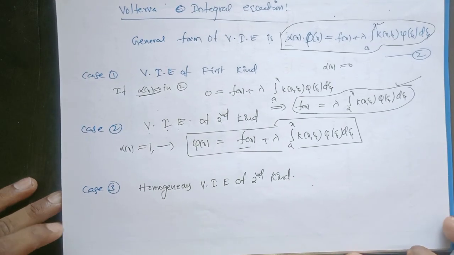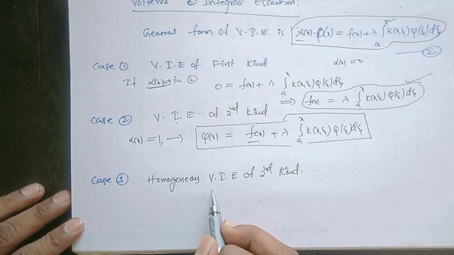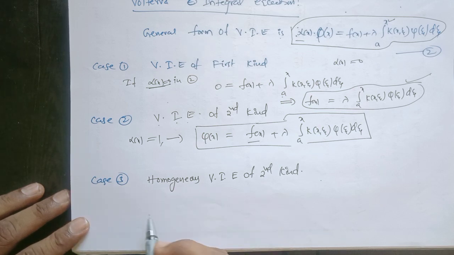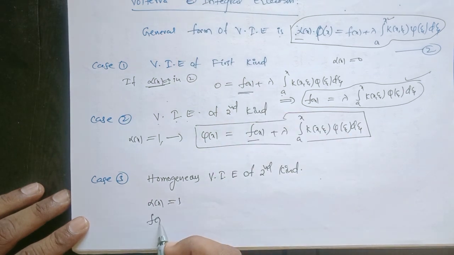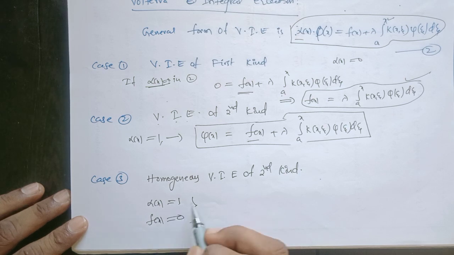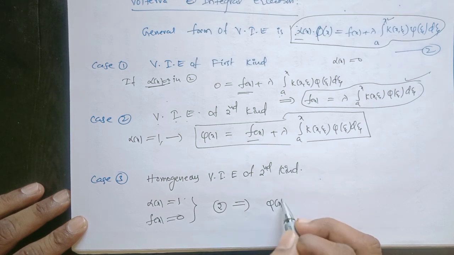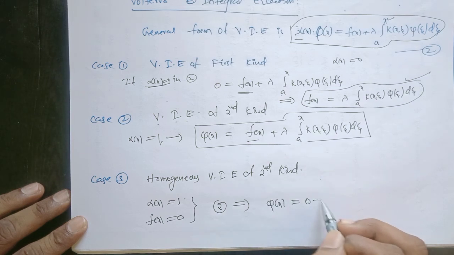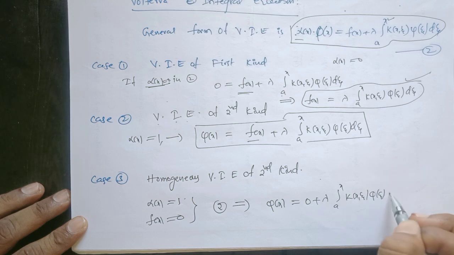Now I want to discuss the homogeneous Volterra integral equation. In the homogeneous Volterra integral equation, alpha x is equal to 1, and the function f of x must be equal to 0. Then equation 2 becomes phi of x is equal to 0 plus lambda times the integral from a to x of k of x, xi phi of xi d xi.